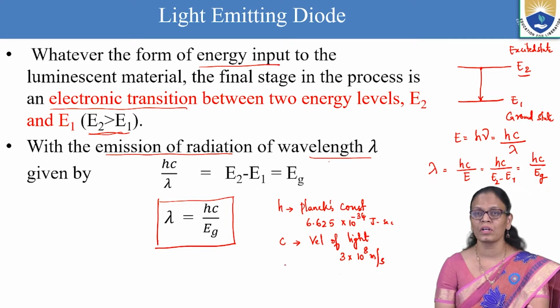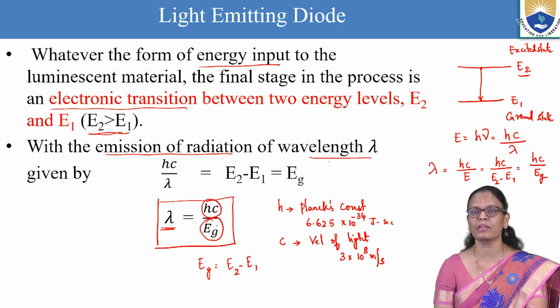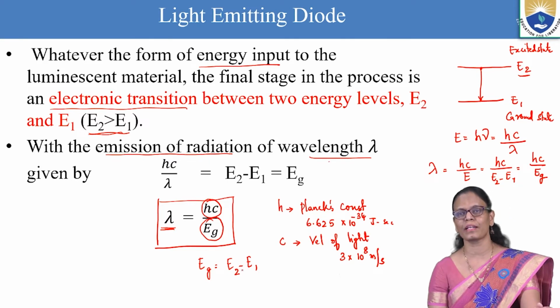So now h and c both are constants. So the wavelength of the radiation that is emitted depends upon the difference in energy levels. What is Eg here? Eg is nothing but E2 minus E1. So the wavelength can be calculated using this formula, and Eg is nothing but E2 minus E1.